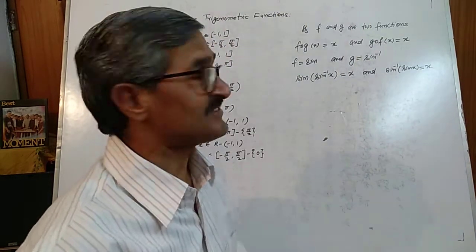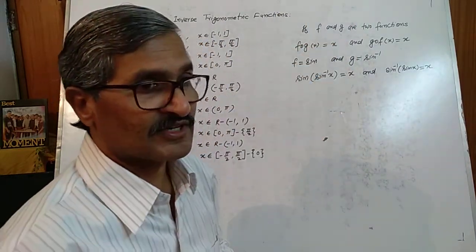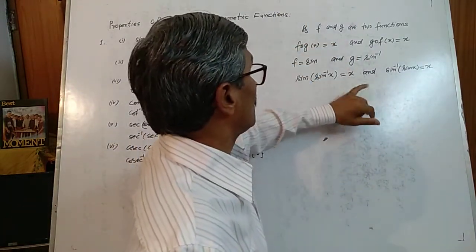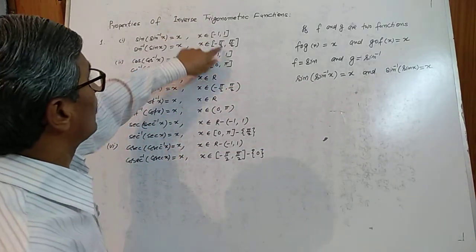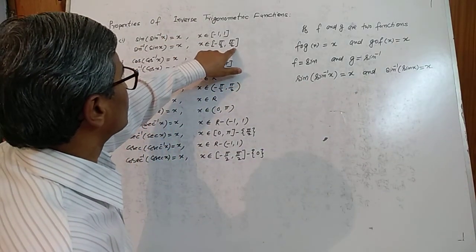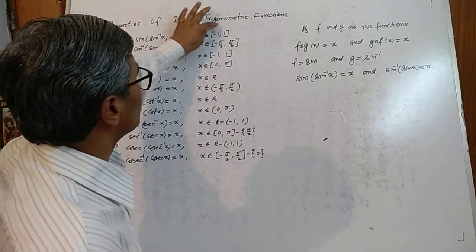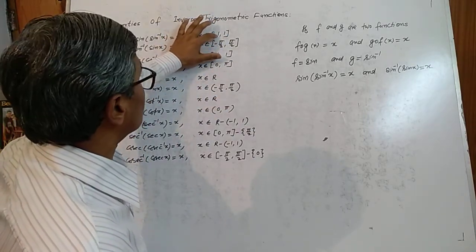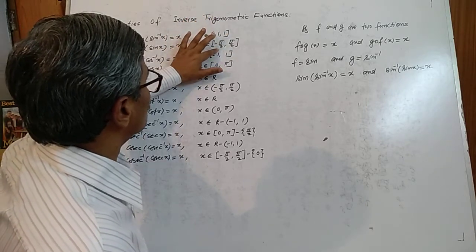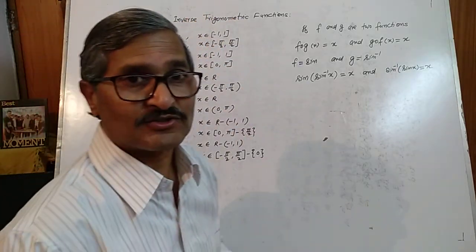And we have discussed that the sine function is one-one and onto in the domain minus pi by 2 to pi by 2, and the sine inverse function is invertible on minus 1 to 1.